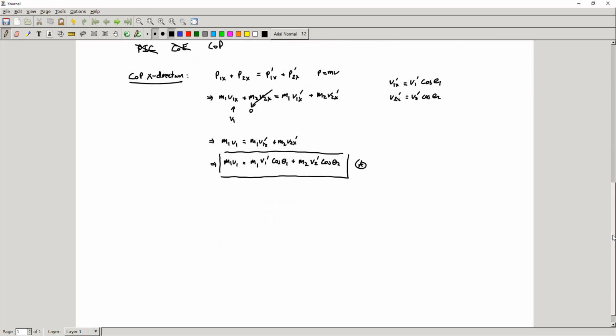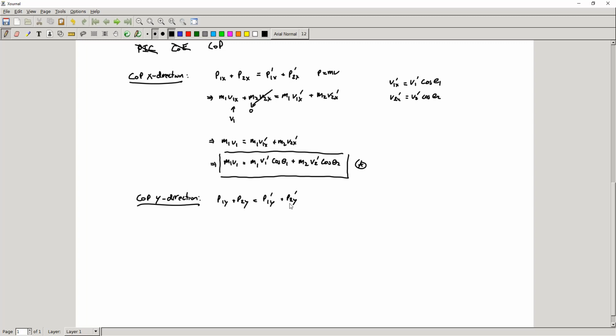Okay, let's now take a look at what's happening with conservation of momentum in the y direction. So conservation of momentum, y direction. And again, we just start over from the beginning. Same idea as in the x direction, but we break things up in the y direction here. So p1y originally plus p2y originally is equal to p1y final plus p2y final, right?